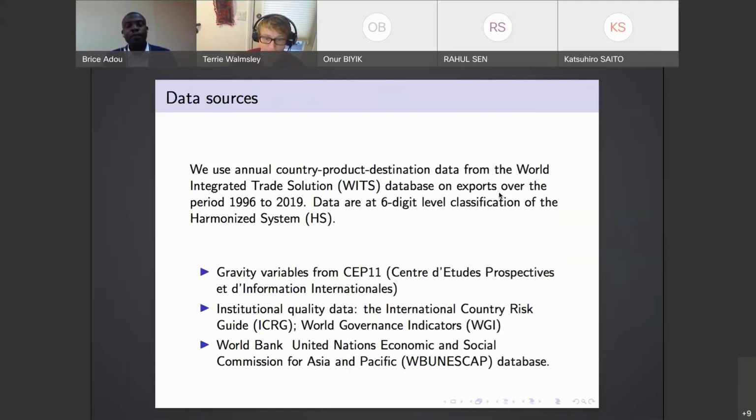Those institutional data came from two sources. One is the World Governance Indicators from the World Bank, and the other is the International Country Risk Guide. We use a Trade Facilitation Index from the United Nations, actually UNESCAP.